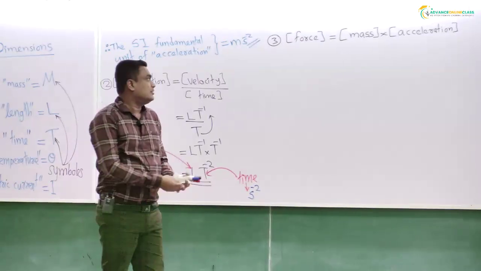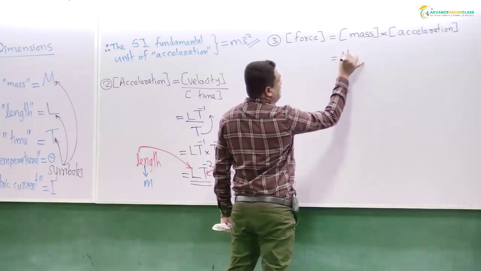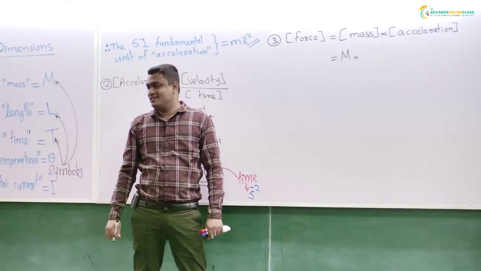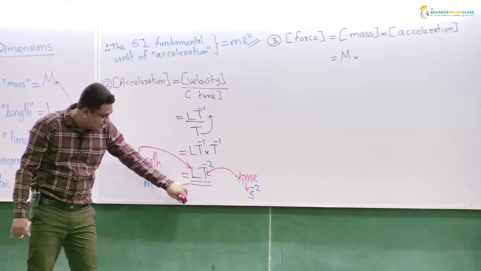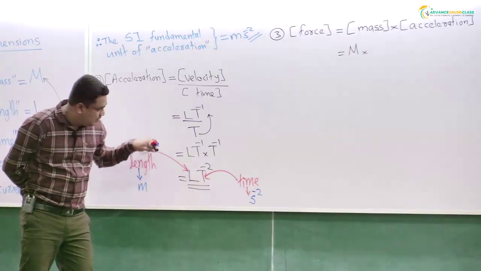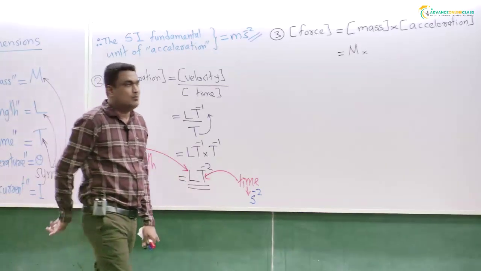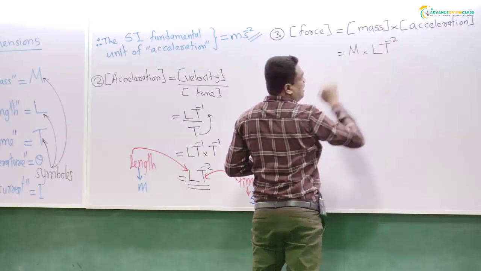Okay, right. Dimensions of mass, capital M. Dimensions of acceleration, LT to the power minus 2.